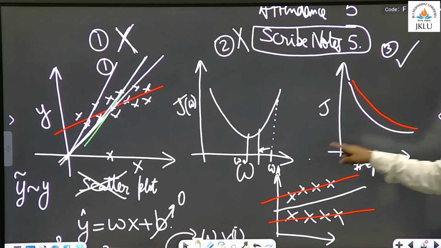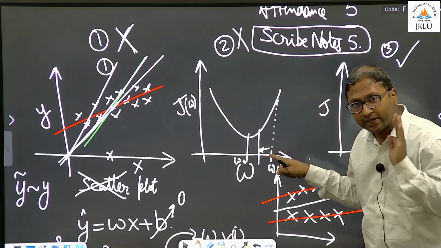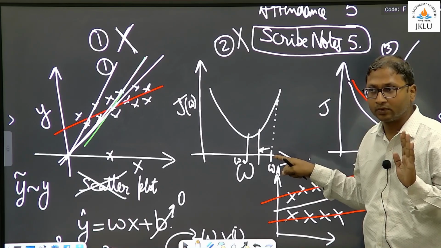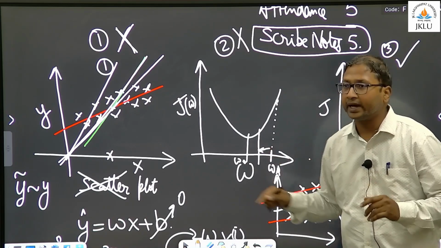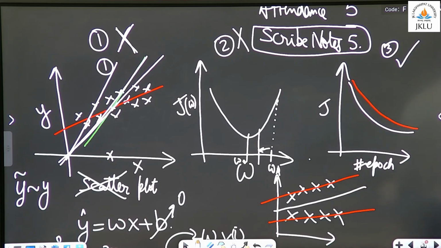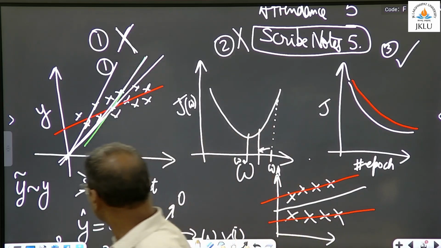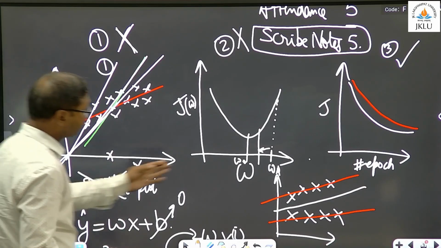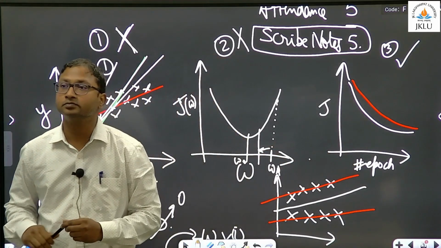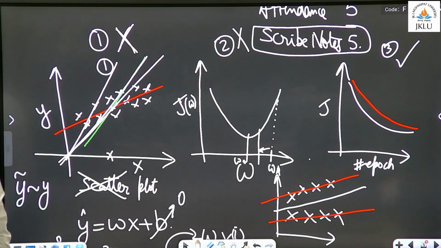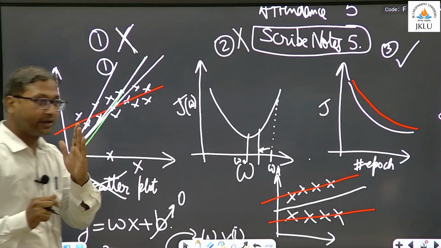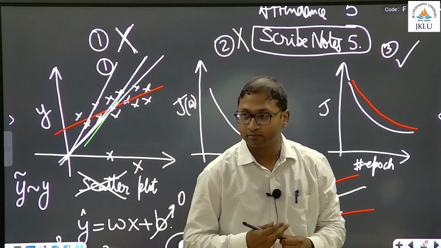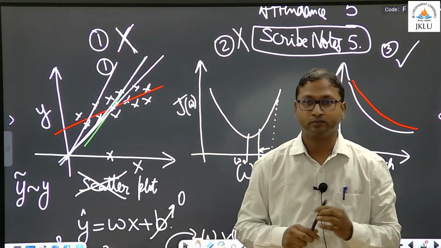So coming back to this, right now I am at this W. Why am I at this W? How many of you know why we are at this particular W, or any other W for that matter? How many of you know what we are trying to do? Raise your hands. What exactly are we trying to do?